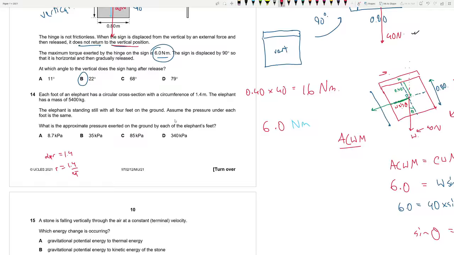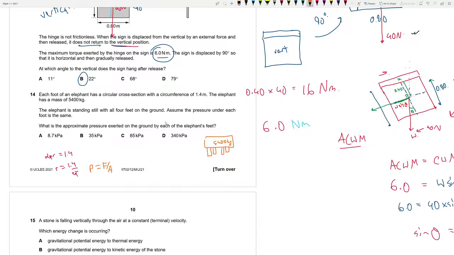What's the total pressure? Okay, so pressure is force by area. Since they want the pressure exerted on the ground by each of the elephant's feet, we need to think of it in a different way. So the elephant has 4 feet. I'm just drawing a box here. Now the total weight is 5,400 kg, the mass, right? It will be divided into 4 parts, okay?